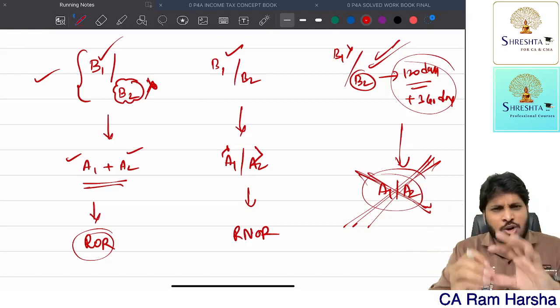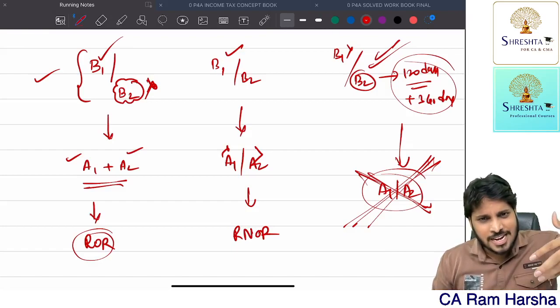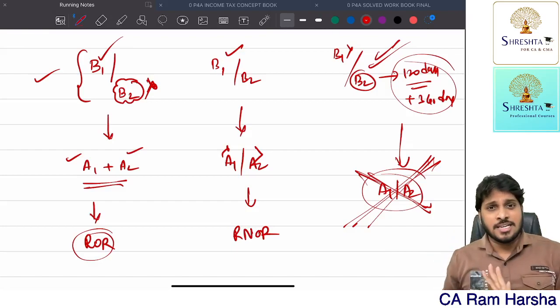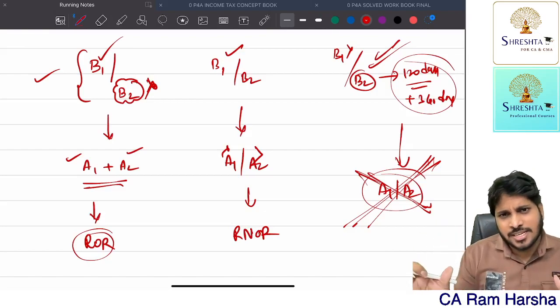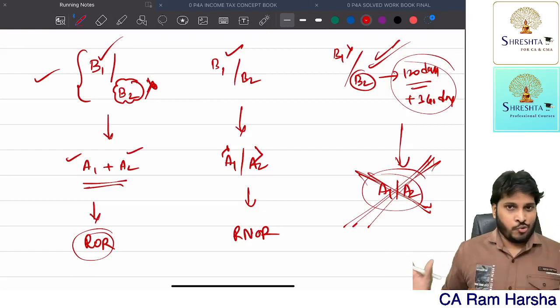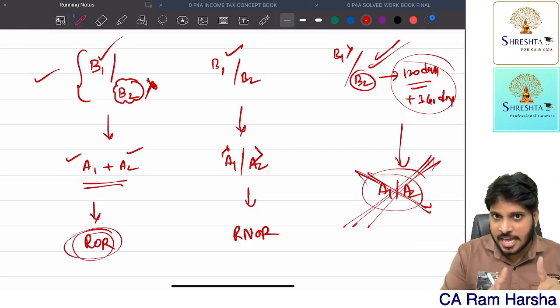We simply call him a resident, but not ordinarily resident. So when I say an individual is just a resident, he's just a resident. Is he ordinarily resident? No. When he is ordinarily resident, we should specifically tell he is a resident and ordinarily resident.